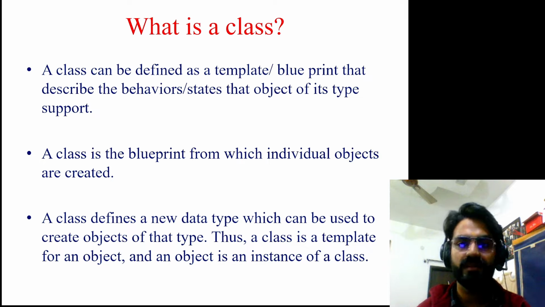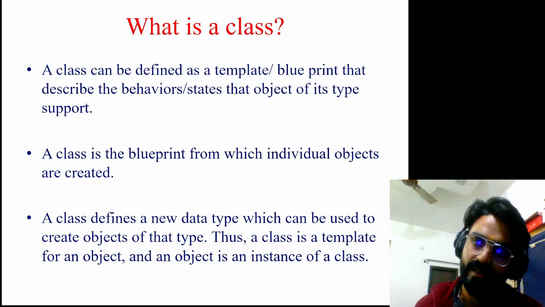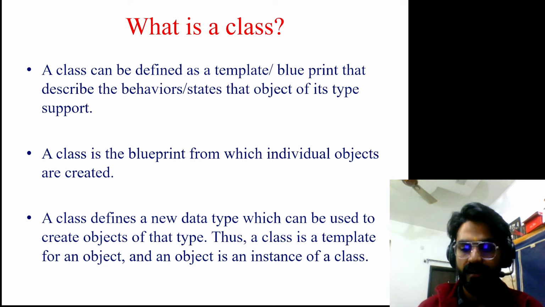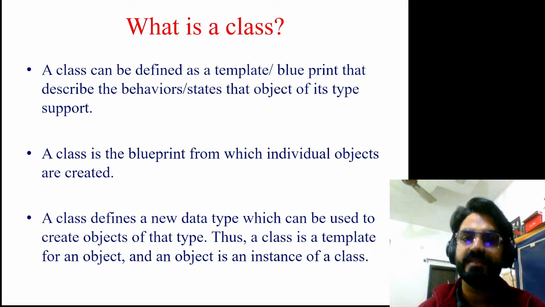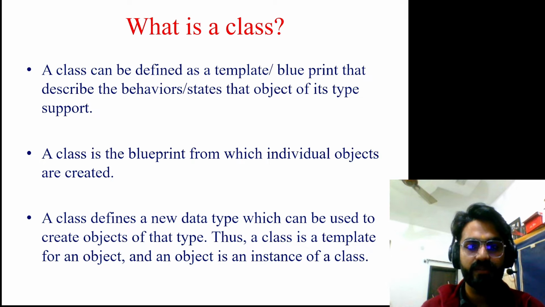These are the variables. So now you have better clarity that class is a blueprint, and it can have various objects, various attributes, various variables or methods aligned to it. So class is a template for an object, and an object is an instance of a class.